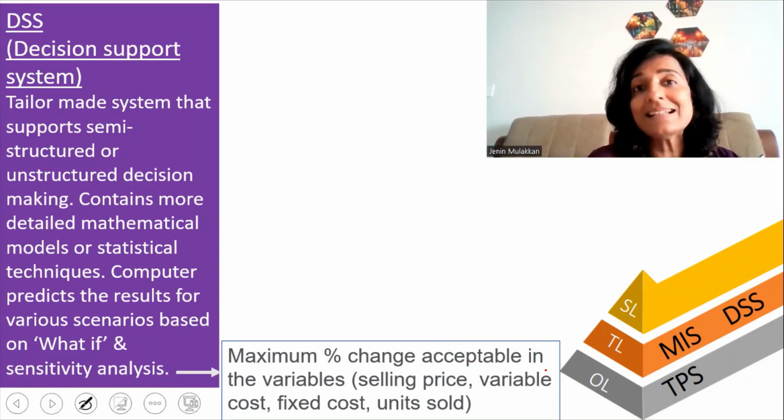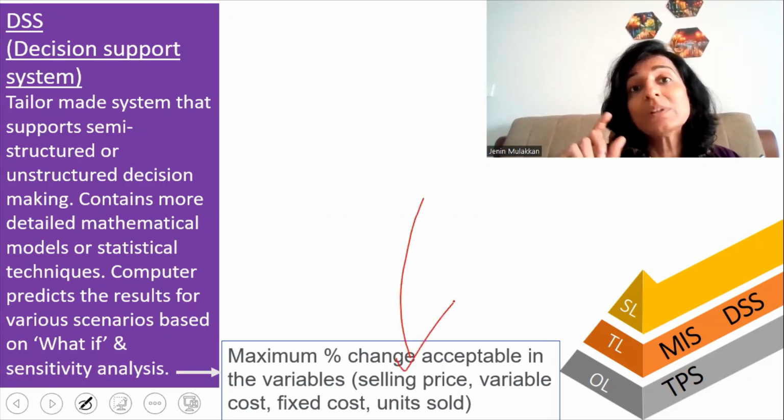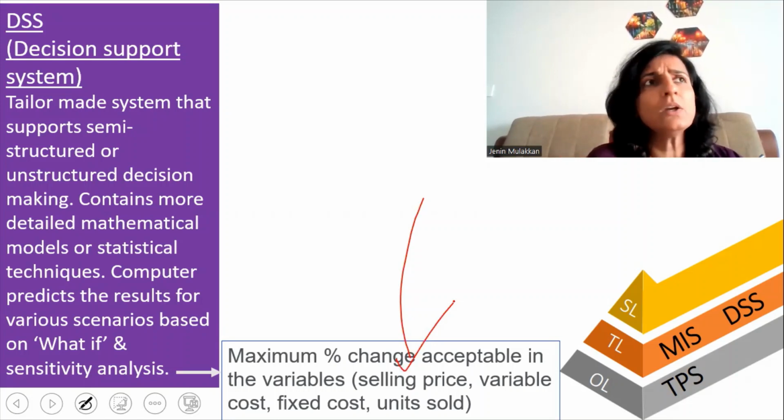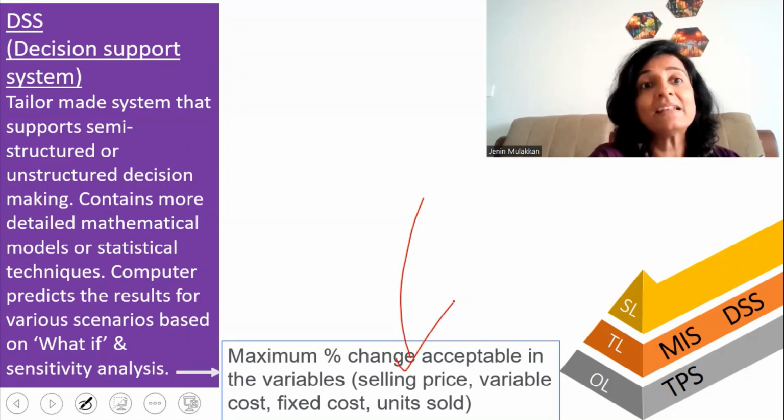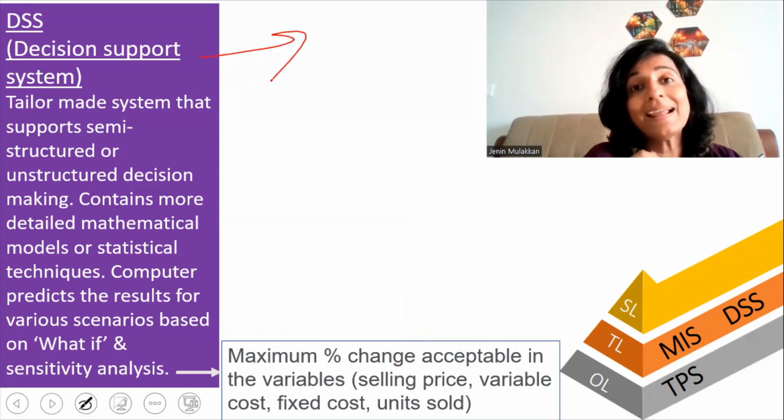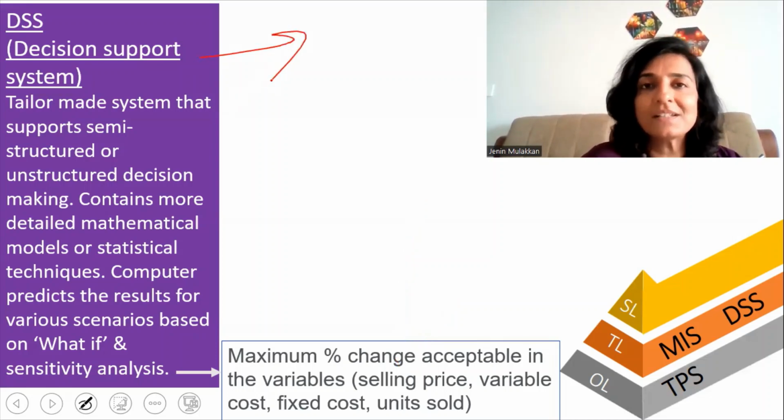So sensitivity analysis tries to find out the maximum change that we can make in these variables without affecting the desired profit level. So say you are planning to give a discount. So in order to find out the discount that is to be given, or to fix that reduced selling price, you could do a sensitivity analysis. And the decision support system will help the managers to arrive at the solution.